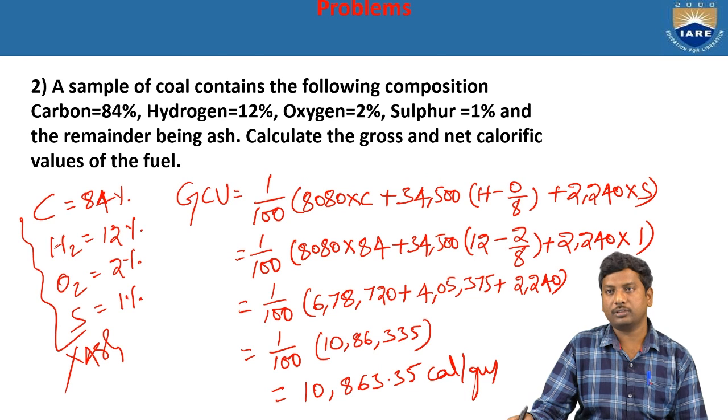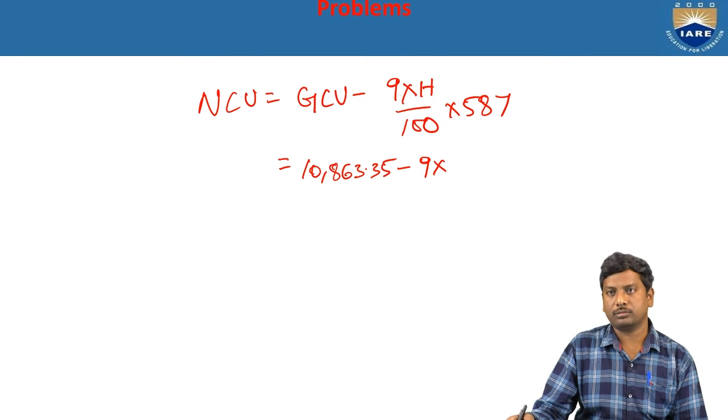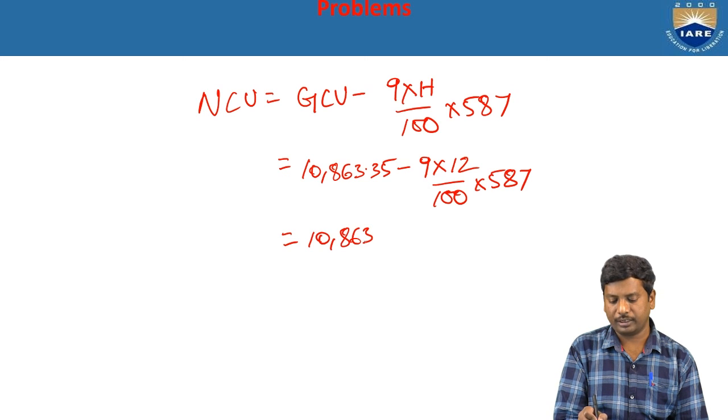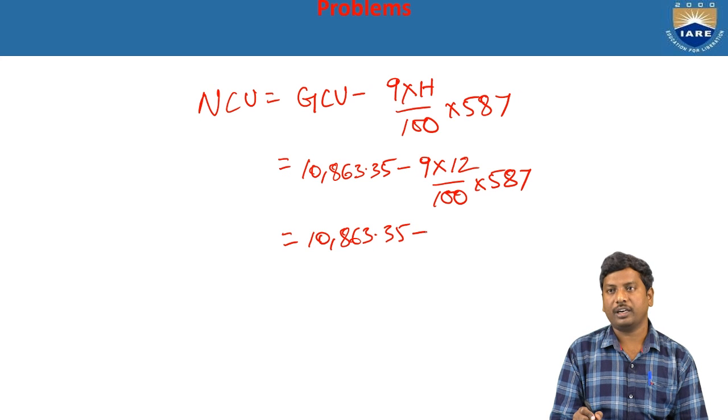What is the hydrogen value? 12. 12 by 100 into 587. That means 10,863.35 minus 9 into 12 by 100 into 587.